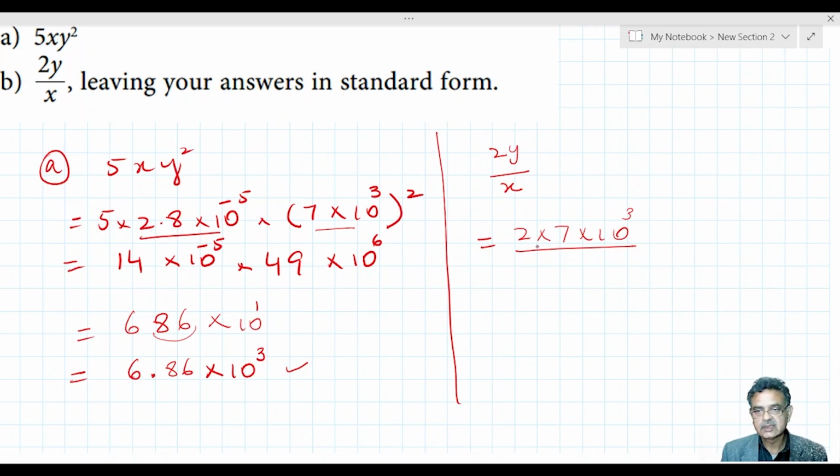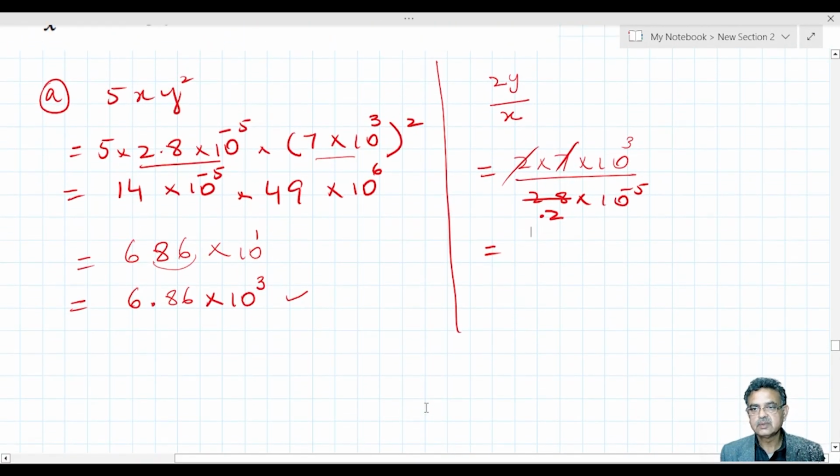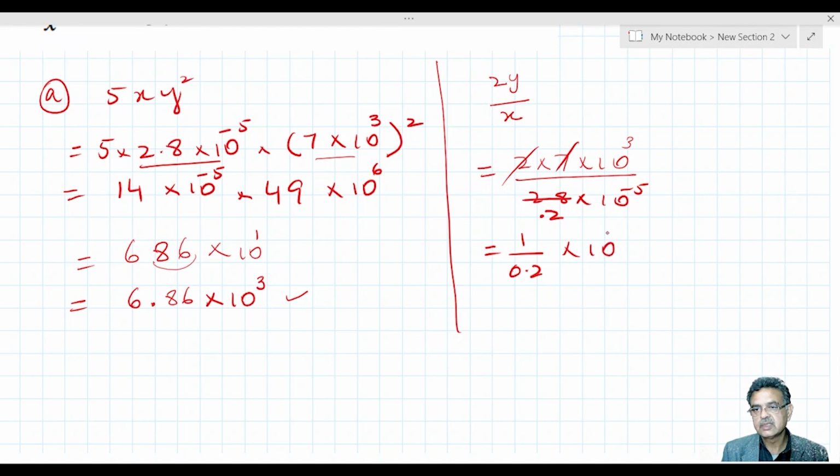This is the value of x, 2.8 multiplied by 10 power minus 5. This will be 7 to the 14. 14 2s are 28. So it will be 0.2. So you can say that this will be 1 over 0.2 multiplied by 10 power 3 plus 5.